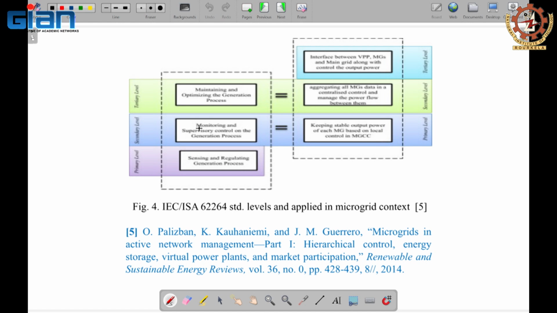Even the name hybrid power system was used. Giving a proper, nice looking name is very important. It could be the same thing. Previously we used to call it a hybrid power system, now we call it microgrid.